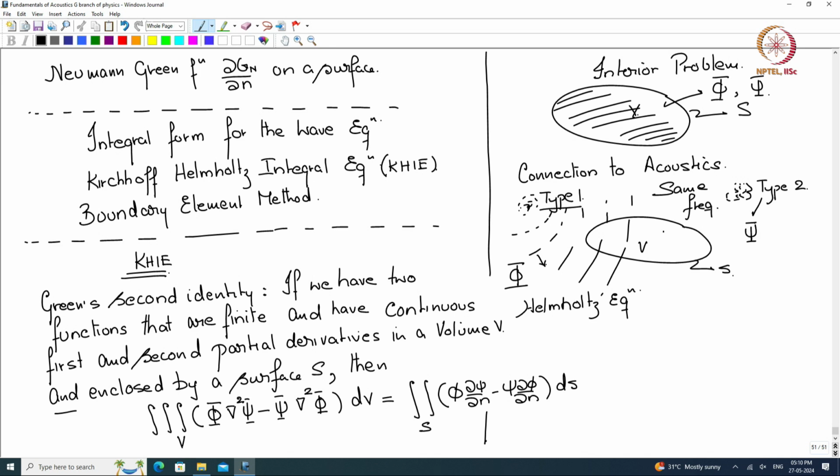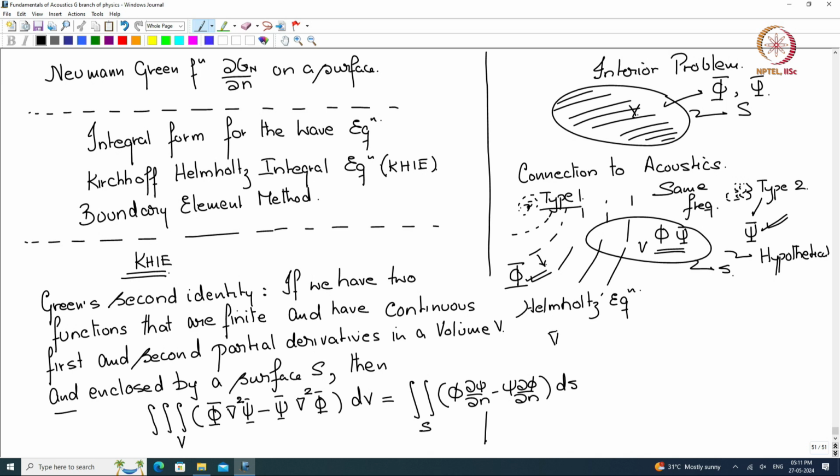So, now we have phi and psi inside this volume, okay. Now, this surface and volume are hypothetical, okay, they are not hard surfaces or anything, it is a hypothetical volume and hypothetical surface, just a mathematical construct, okay. So, now phi will satisfy the Helmholtz equation, so will psi, okay.